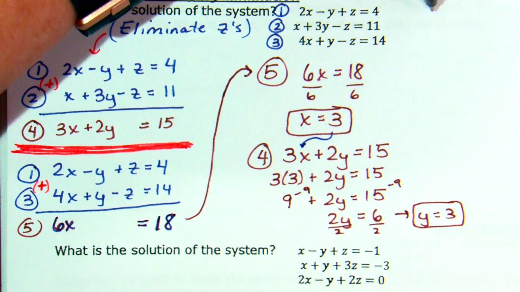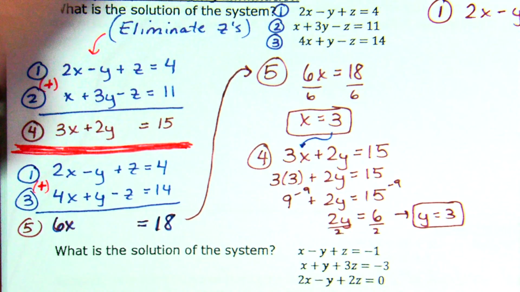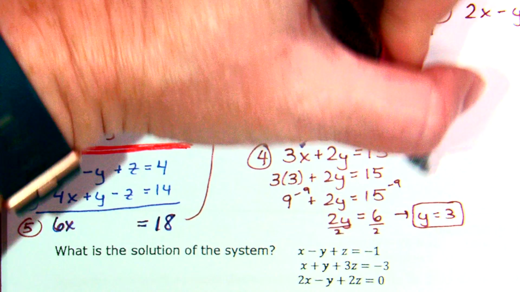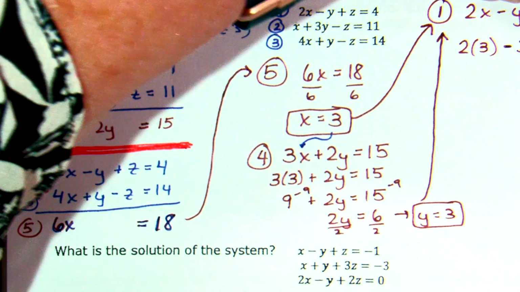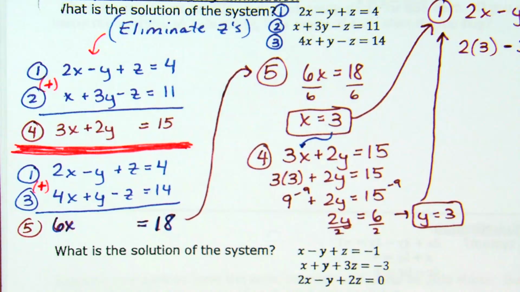Equation 1, if I write this out, is 2x minus y plus z equals 4. So I'm going to plug x equals 3 in there, and y equals 3 in there. So 2 times 3 minus 3 plus z equals 4.